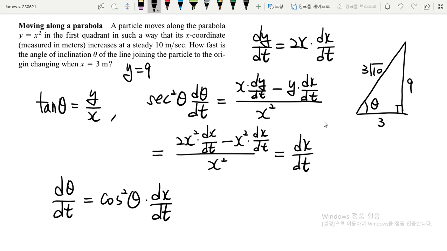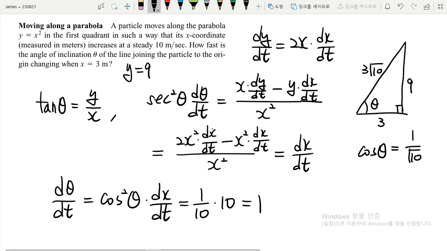So what's the value of cosine theta in this right triangle? Tell me the fraction. Which over which? Yep, so 1 over square root of 10. So squared means 1 over 10. And dx over dt is 10. So that means the angle increases with a rate of 1 radian per sec in this case.